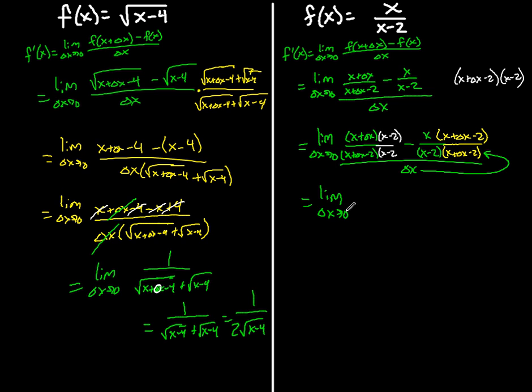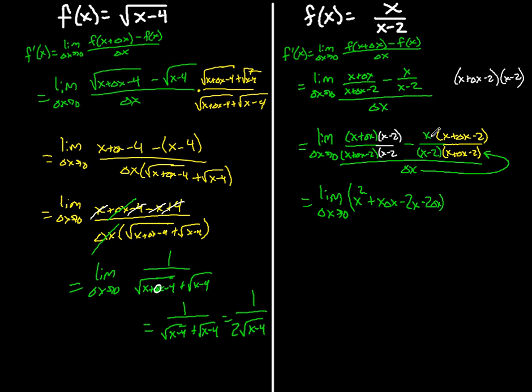Delta x approaching 0. I'm going to do a couple steps here. Let's FOIL this through. That'll become x squared plus an x delta x. I'm also going to have a minus 2x and a minus 2 delta x. So that's from the first step.